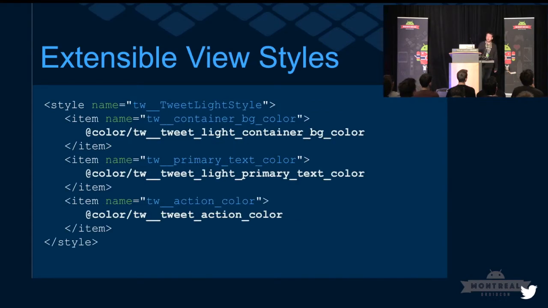More than just code, though, we believe it's good practice for extensibility to apply to views as well. So what we do here is we allow our embedded tweets or login button, different UI elements that we provide through our SDK, to be themable. So you can do this through styles. One important thing to note, though, is that DEX merging doesn't namespace for libraries. So you can have conflicts.